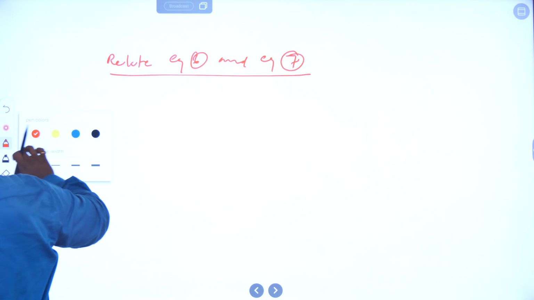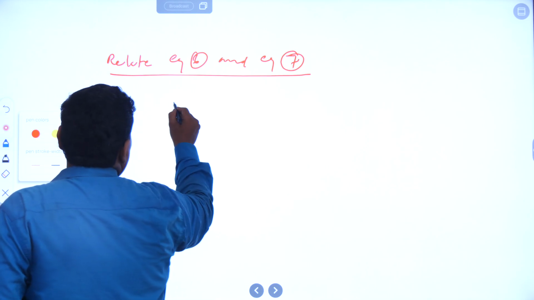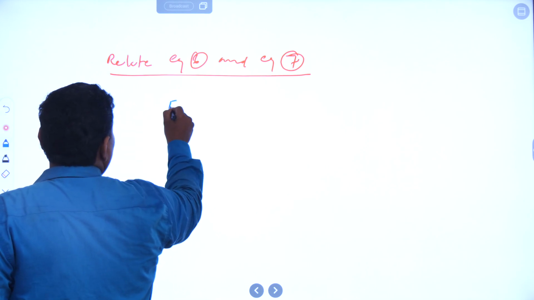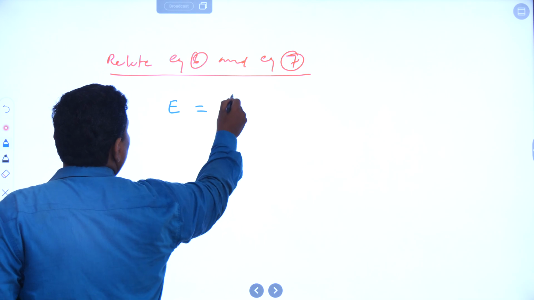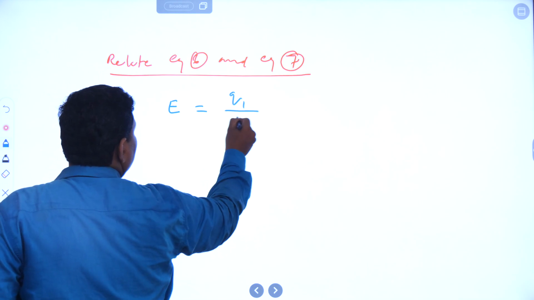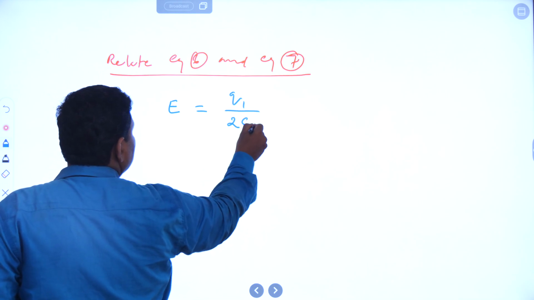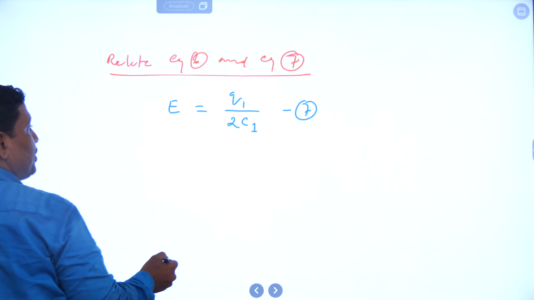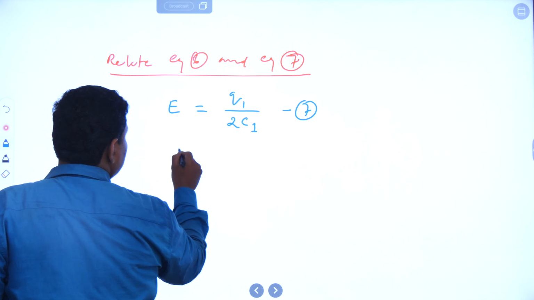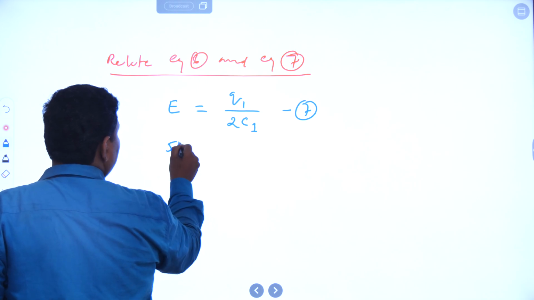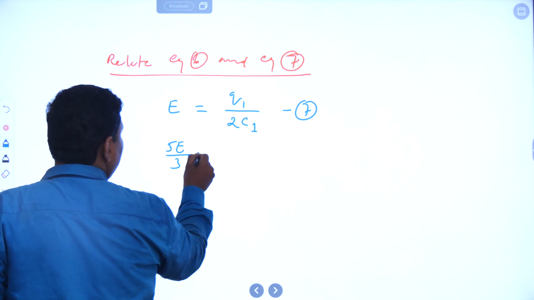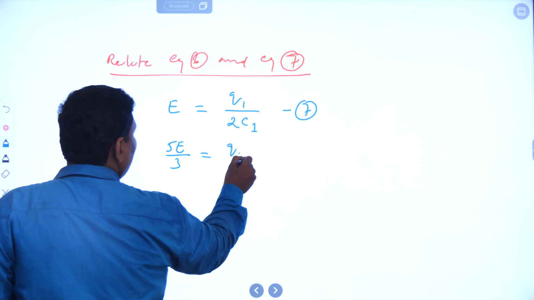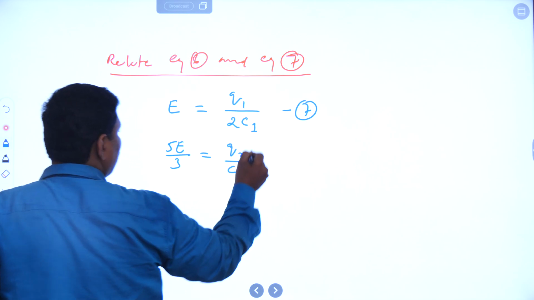What is equation 7? E equal to Q1 divided by 2C1. And what is equation 6? 5E divided by 3 equal to Q2 divided by C2.